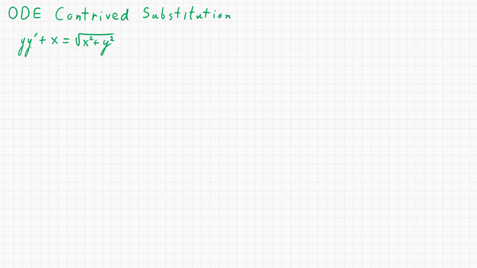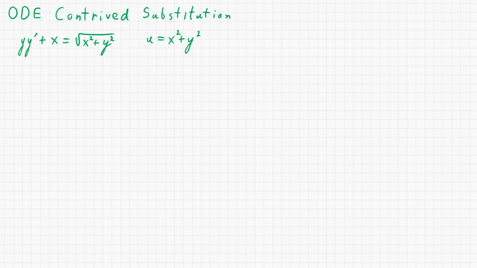So I've got this differential equation, y prime plus x equals the square root of x squared plus y squared. I don't know how to solve that, but we're told to use a substitution, so hopefully whoever made this problem knows what they're doing. I did, so let's hope so. What if we try the substitution u equals x squared plus y squared?